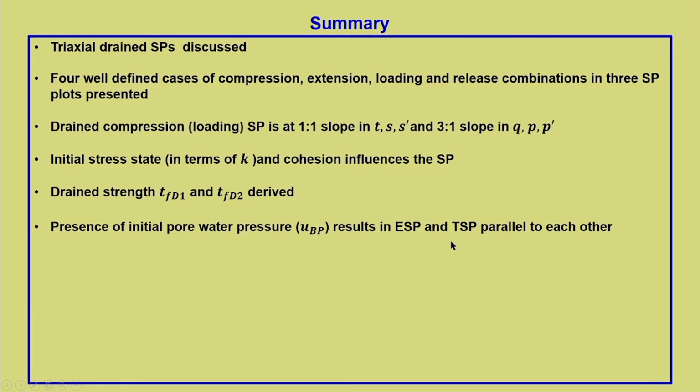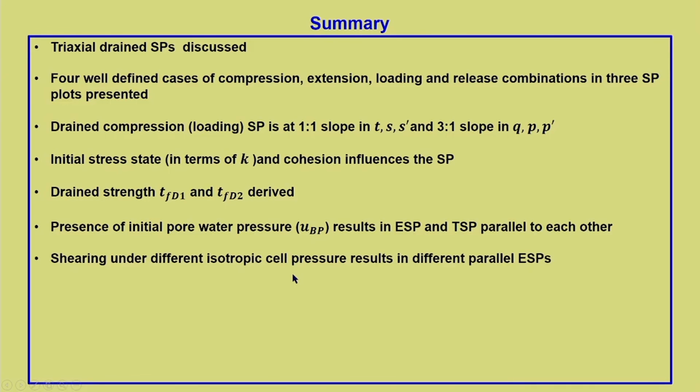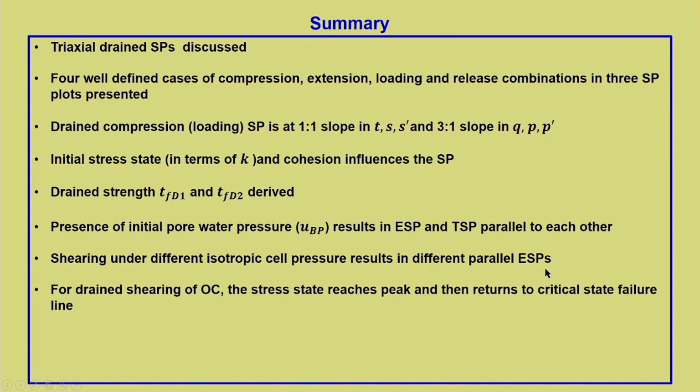Even though in drained triaxial condition we do not expect ESP and TSP to differ, just because of the presence of initial back pressure, both get shifted parallel to each other with a difference of u-BP, that is back pressure. Shearing under different isotropic cell pressures results in different parallel ESPs.